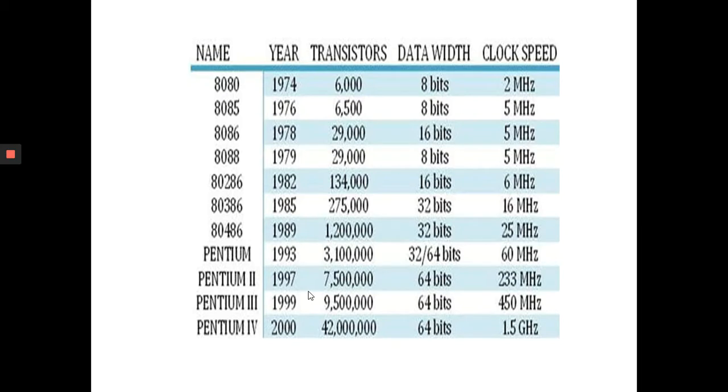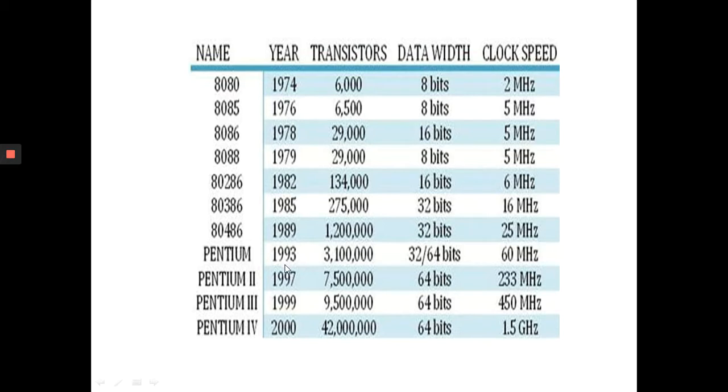This chart shows the various generations of microprocessors, starting with the 8080 microprocessor, the invention year 1974, the number of transistors it used, the data width, meaning the length of the data bus, and the clock speed, which is 2 megahertz or up to.